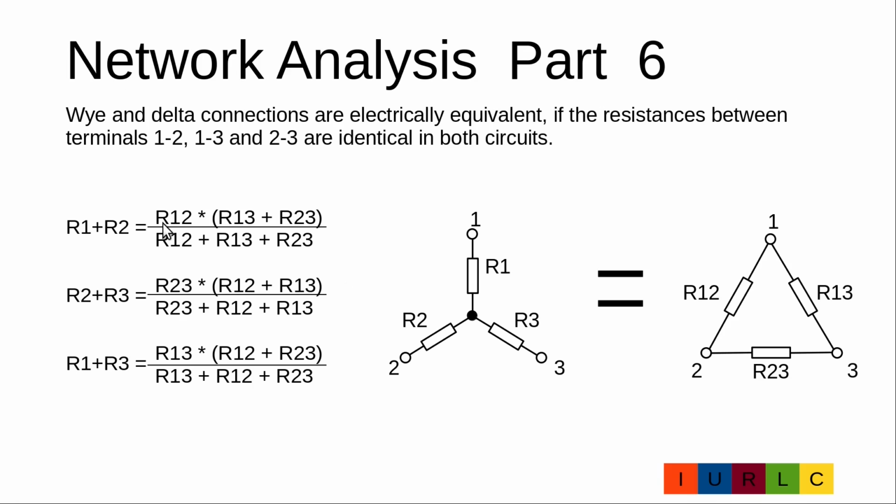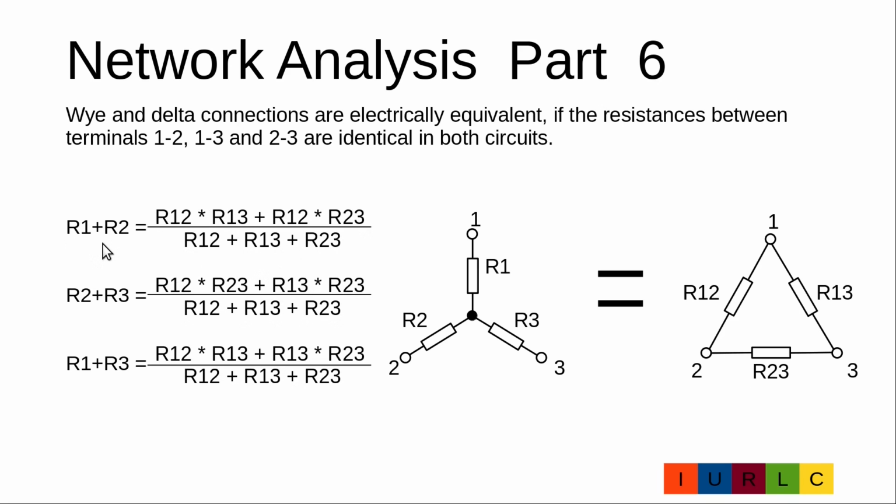Now we multiply R12 with the element in the brackets and sort the resistor values according to their indices, and we will get R1 plus R2 is R12 times R13 plus R12 times R23 divided by R12 plus R13 plus R23. And we do the same for the other two equations.